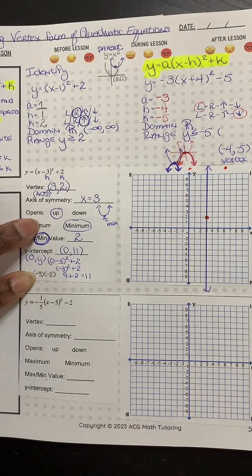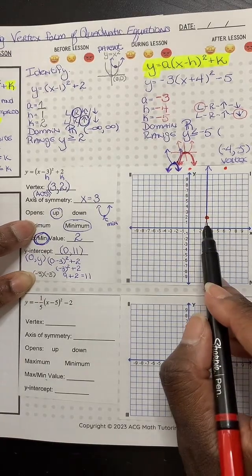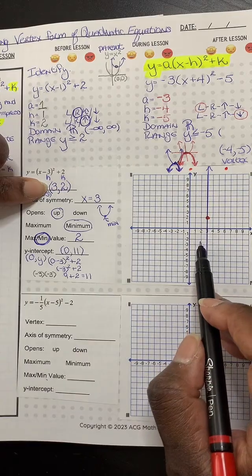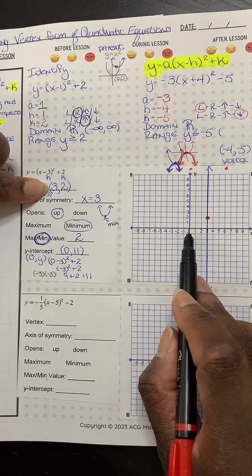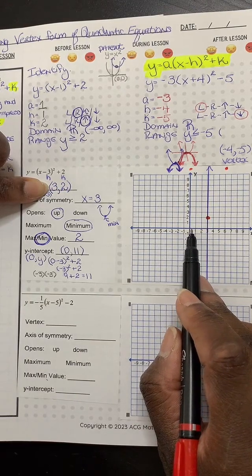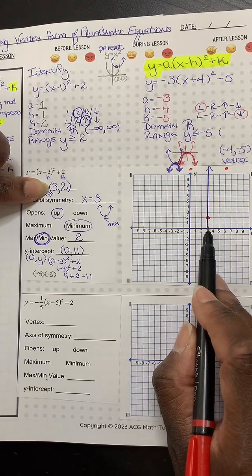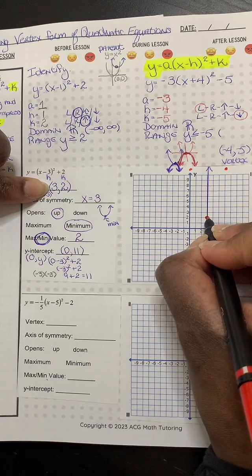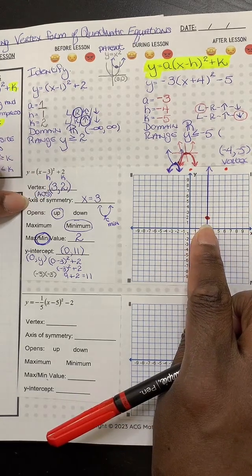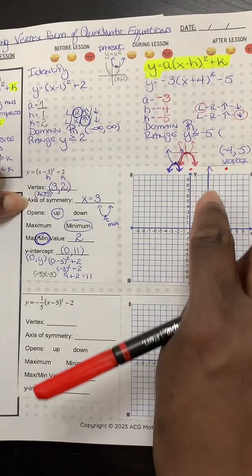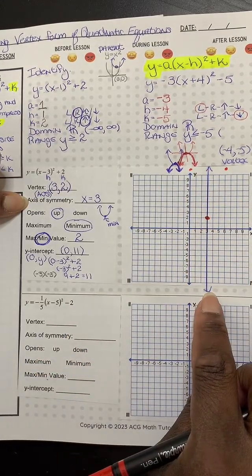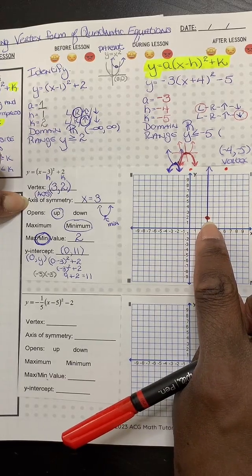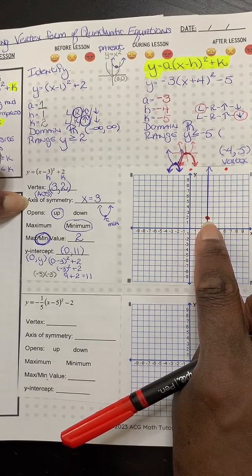Okay, sure. So first we figured out our vertex. Our vertex is (3, 2). So if I start here at the origin, I'm going to the right 3 and up 2. So here's my vertex. The axis of symmetry is a line cutting right in the middle of your parabola, but it goes through the x value of your vertex.